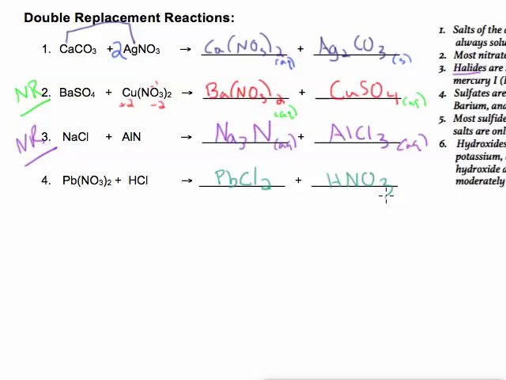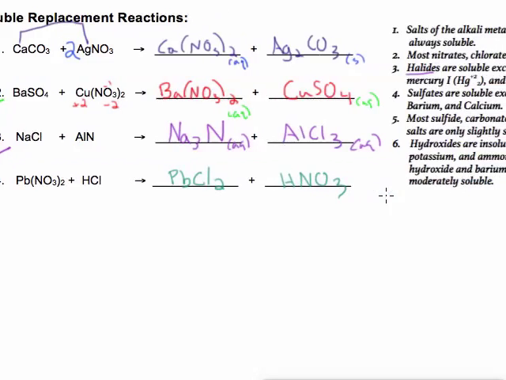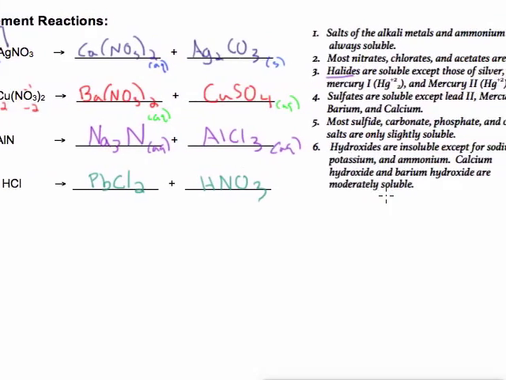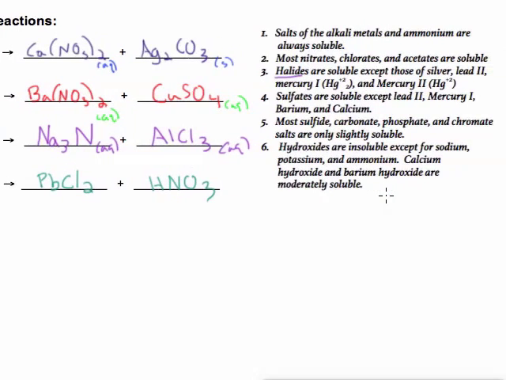Let's go back and look. We just learned something about halides, so let's look again. Halides are soluble except silver, lead 2, mercury 1, and mercury 2. So we know that this is one of those exceptions. Now we don't necessarily have to just determine about nitric acid, but you do know that most nitrates, chlorates, and acetates are soluble, and quite honestly, all acids that you'll see will be soluble.